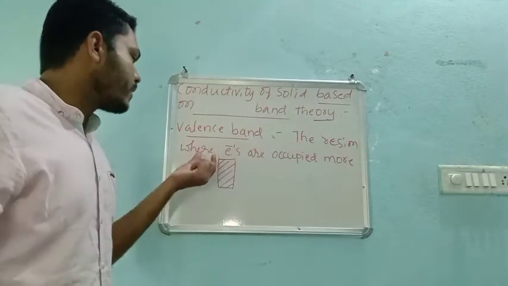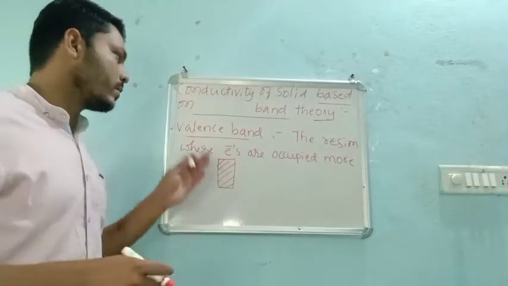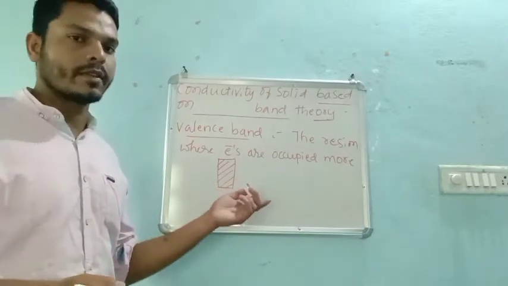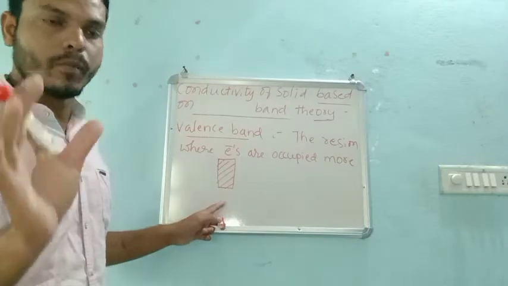It is the region where the probability of finding an electron is more. So the valence band is where the electrons are more.